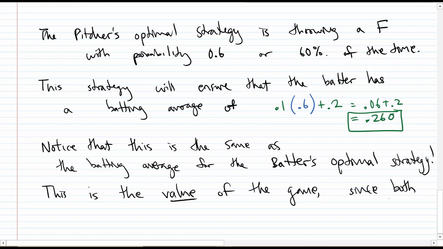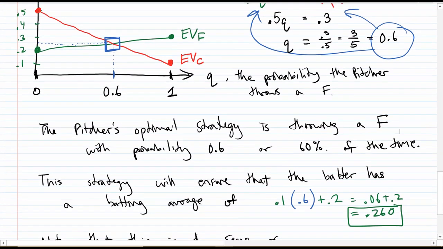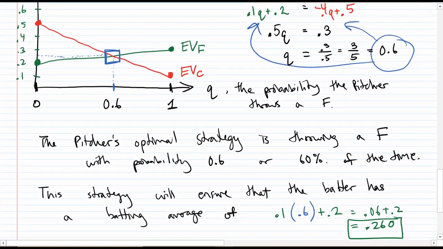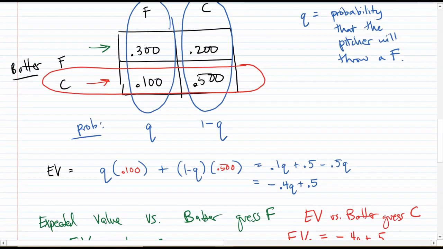Since both players can use a mixed strategy to guarantee this outcome. Notice that their mixed strategies were different, right? If we look at the probability for which the pitcher was throwing a fastball, it was only 60%, while how often should the batter have been guessing a fastball?